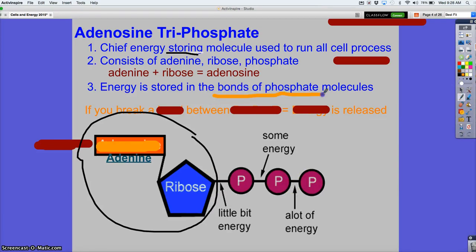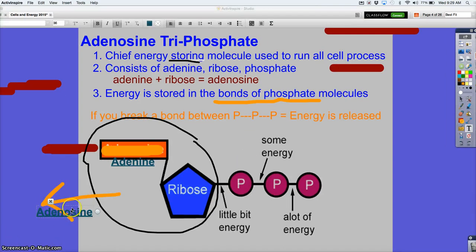When you break a phosphate, or you break a bond that holds the phosphates together, energy is released. So as I mentioned before, if I look at these two, adenine plus ribose, if I circle them on the test and I draw an arrow out, they make up adenosine. Okay? Make sure you fix that in your notes. All right, moving on.